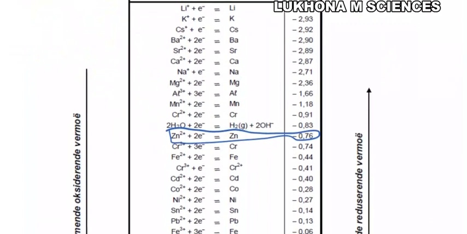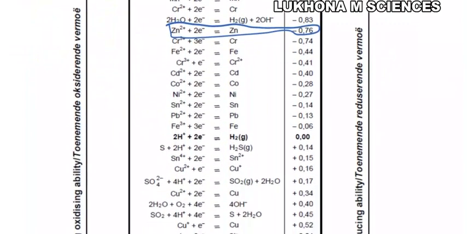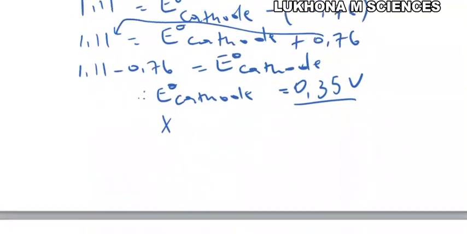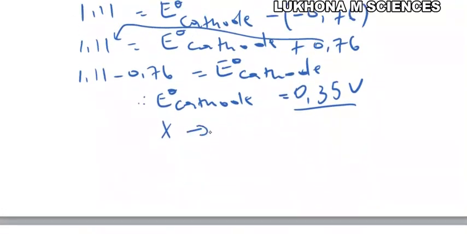Positive 0.35. Supposed to be this one. That is copper. Therefore, X is a copper. That is Cu.